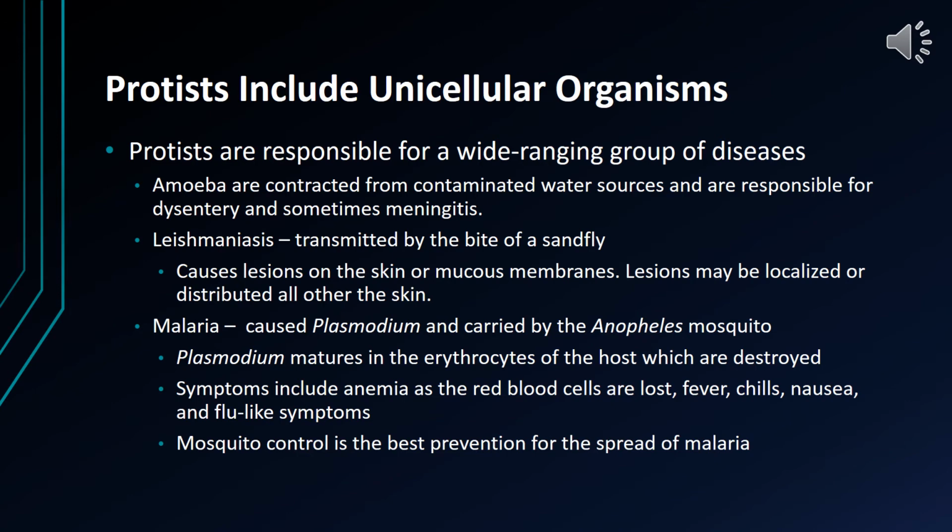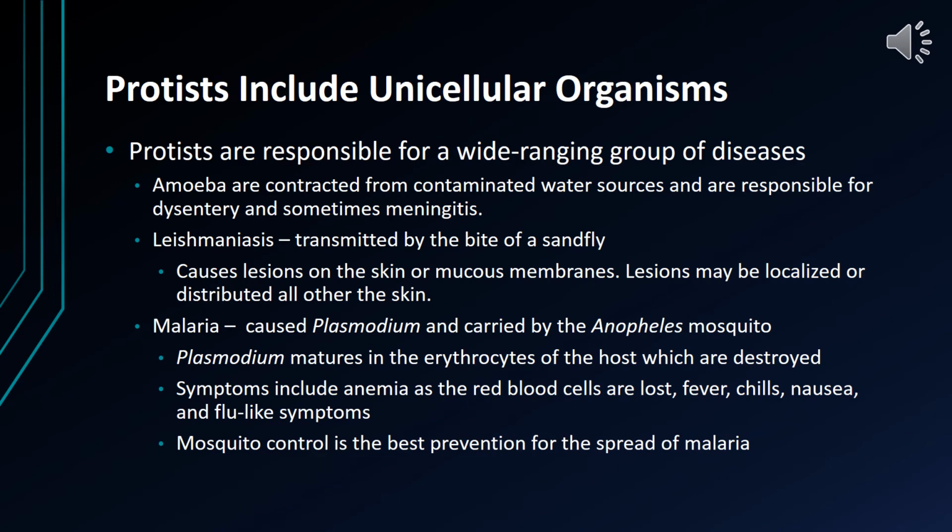Protists are eukaryotic unicellular organisms, and they're actually responsible for a wide variety of diseases. For example, amoeba are a type of protist which can be contracted from contaminated water sources and are responsible for causing dysentery and sometimes meningitis, or swelling of the meninges, which can be, well, both of these can be deadly.